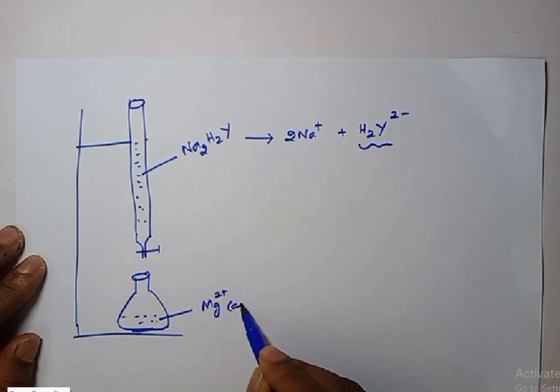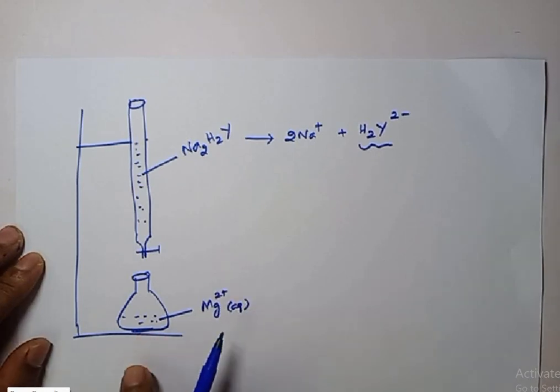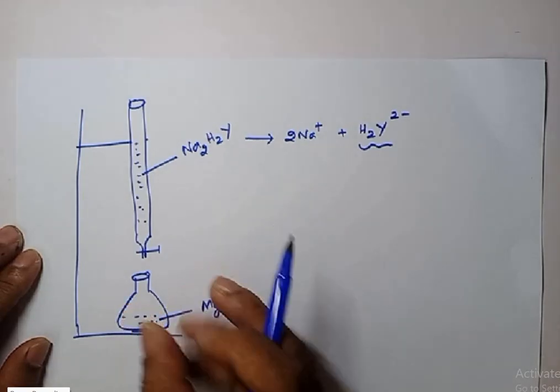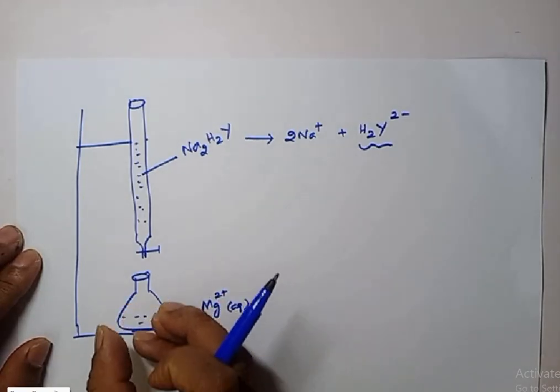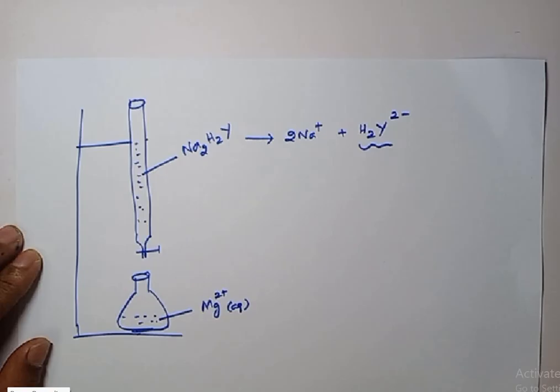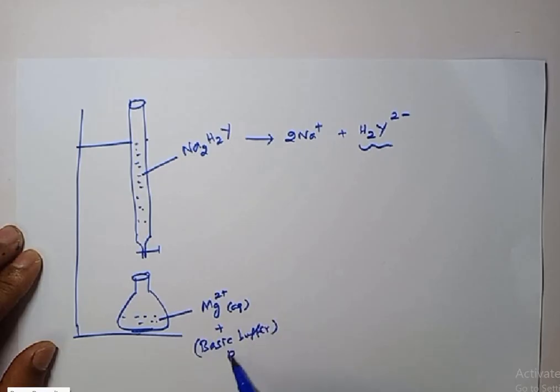We take a definite volume of magnesium ion solution in the conical flask. Then we add a small amount, 2 ml or 3 ml, of basic buffer of pH equal to 10.